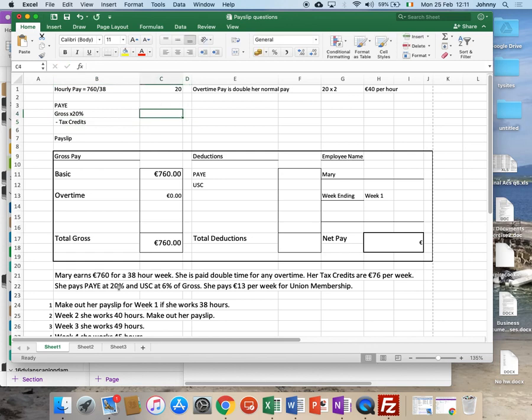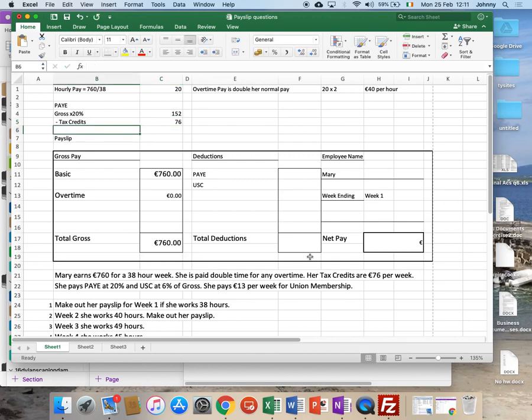So in this case, her gross is 760. Okay, and we need to multiply that 760 by 20%. So 760 times 20%, 152. The tax credits, it says here, are 76 a week.